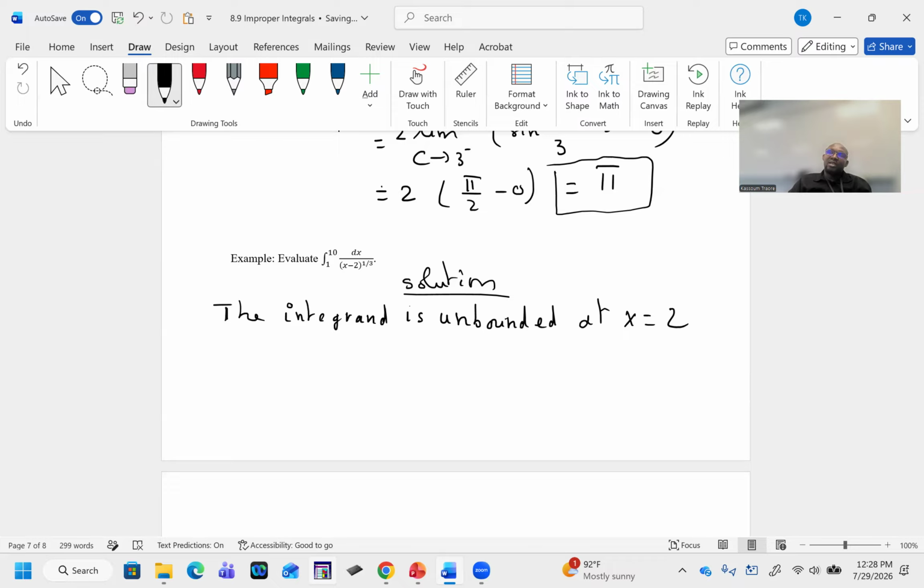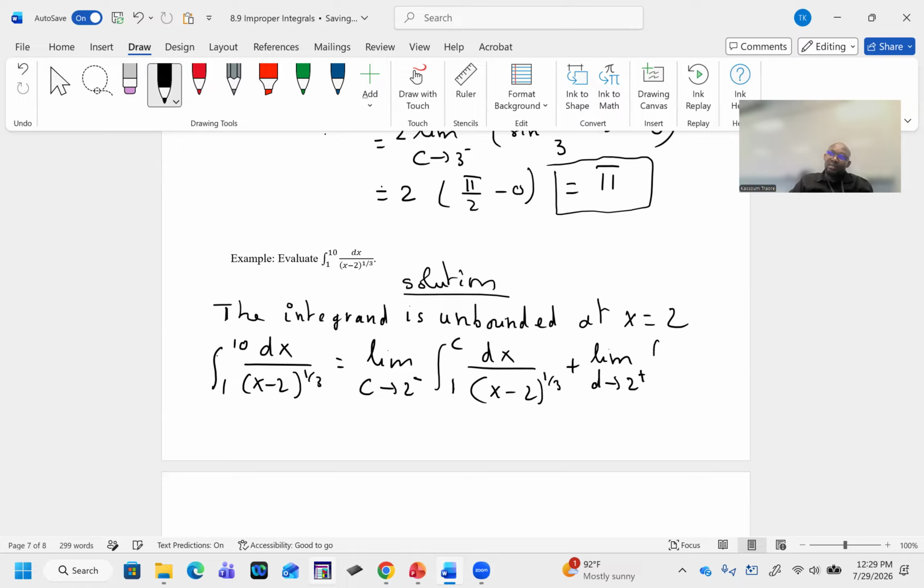So I would say my integral from 1 to 10 of dx over x minus 2 to the power of 1/3 will be equal to the limit as c approaches 2 from the left of the integral from 1 to c of dx over x minus 2 to the power of 1/3, plus the limit as d approaches 2 from the right of the integral from d to 10 of dx over x minus 2 to the power of 1/3.